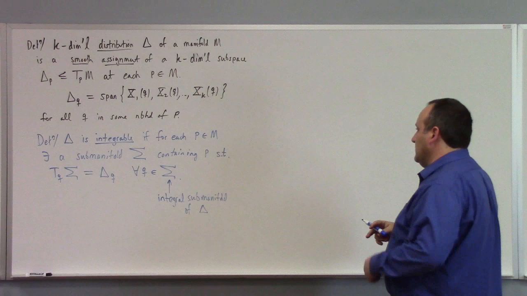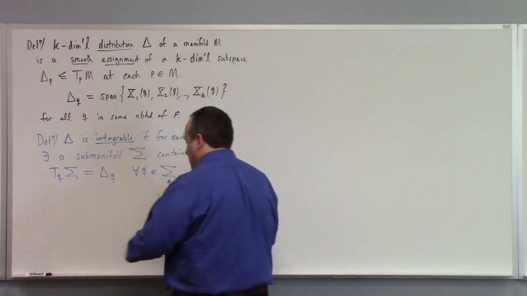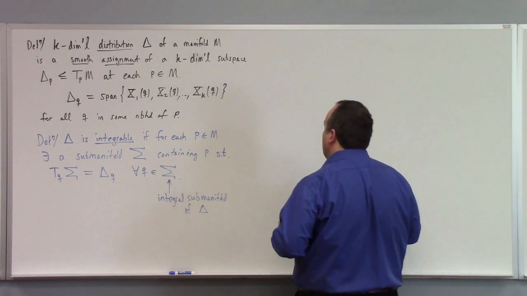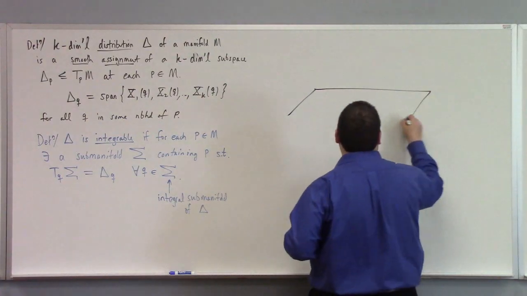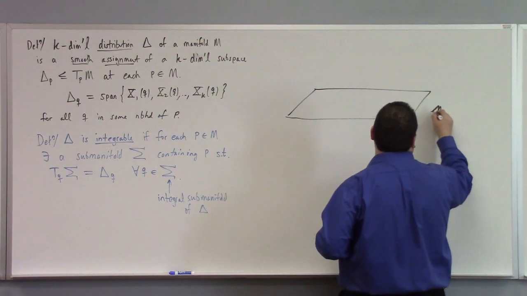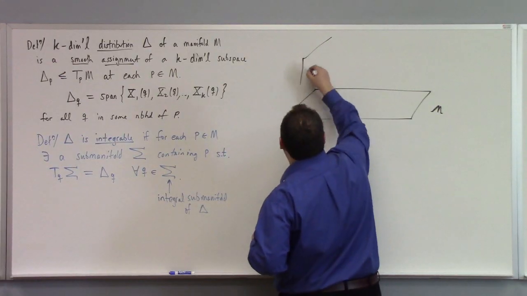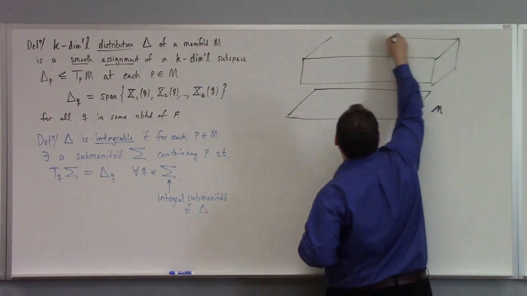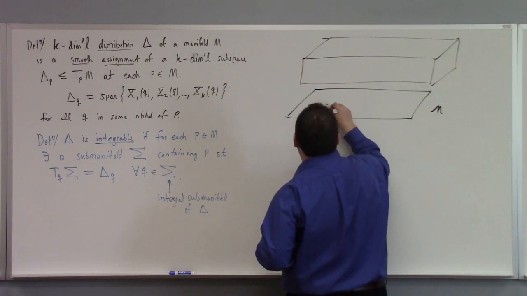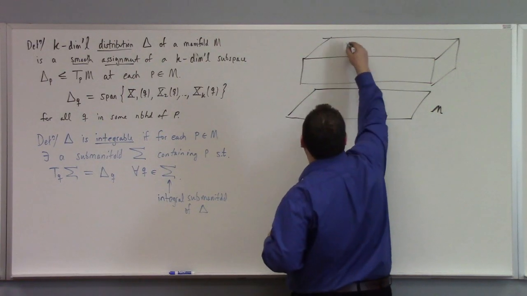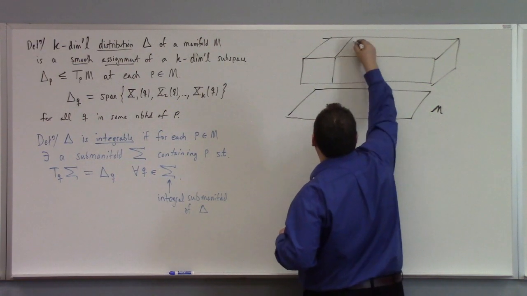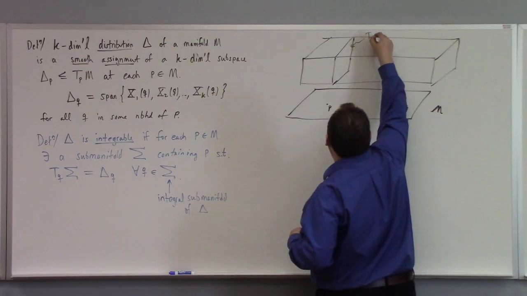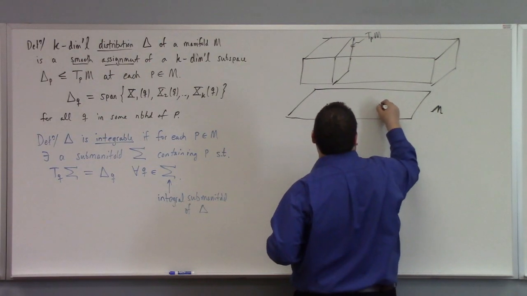So, if I could hazard a picture, and this might be dangerous, if this is my space, and up here I'll write all possible tangent spaces vertically. If I pick a point here, I could visualize the tangent space like this up here, and I have another point over here.